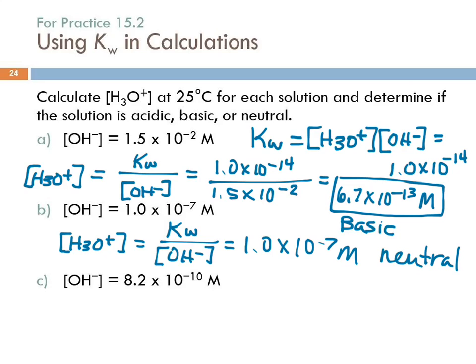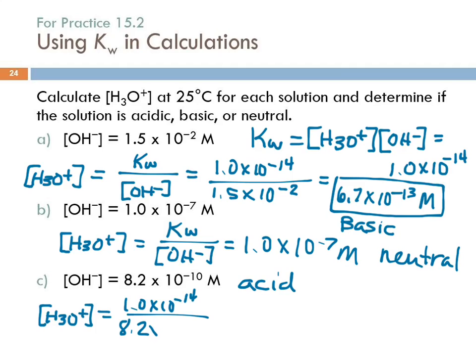What about the one at the bottom? Acidic, basic, or neutral? That's going to be acidic, because the hydroxide ion concentration is less. That means that the hydronium ion concentration is more. So let's just do this. That'll be 1 times 10 to the minus 14 divided by 8.2 times 10 to the minus 10.